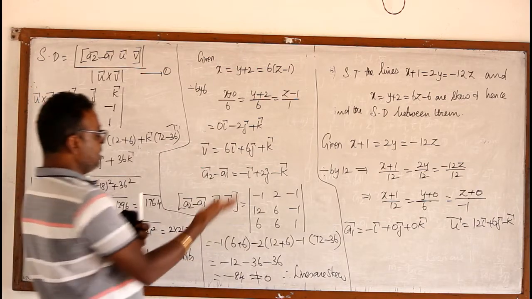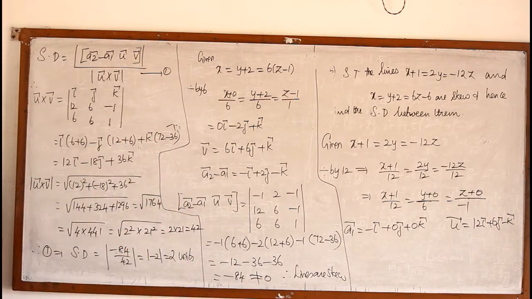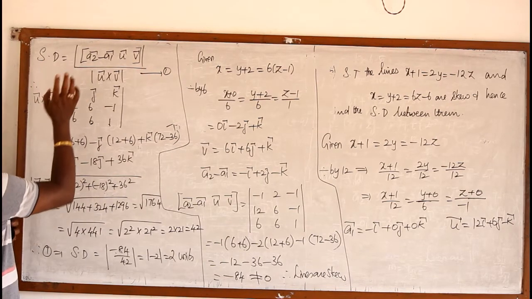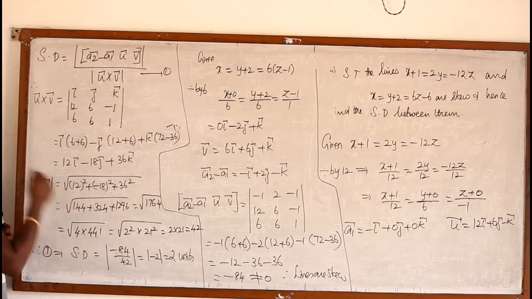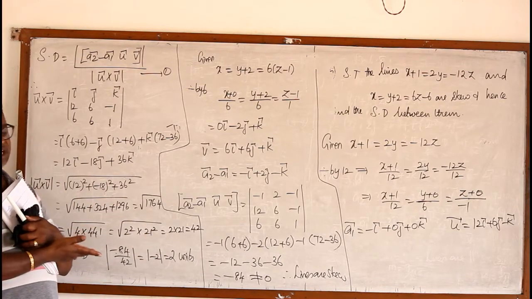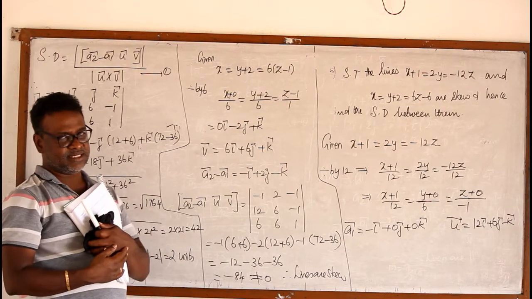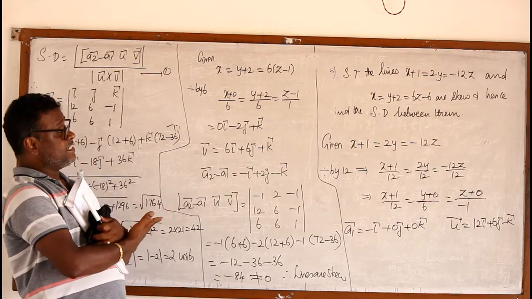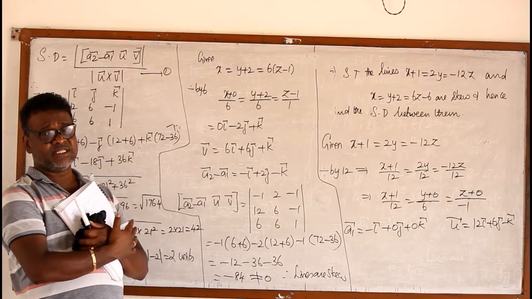We proved this determinant is not equal to 0, therefore the lines are skew. We applied the formula and got U cross V as 42. When we substitute, minus 84 by 42 is minus 2, but I must take only the modulus value, so plus 2, that is the positive value. That gives the shortest distance. With that, the shortest distance between skew lines is over, and the study of skew lines is over.